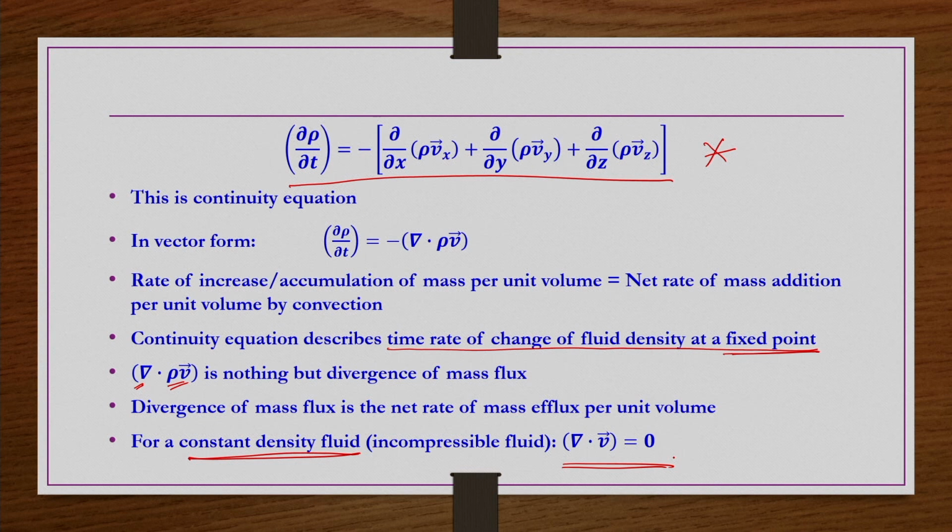Or otherwise, the continuity equation that we have derived in rectangular coordinates, we can apply appropriate transformations for r, θ, z for cylindrical coordinates, and r, θ, φ for spherical coordinates, and then do the simplification. Then we get the continuity equation in cylindrical and spherical coordinates respectively.